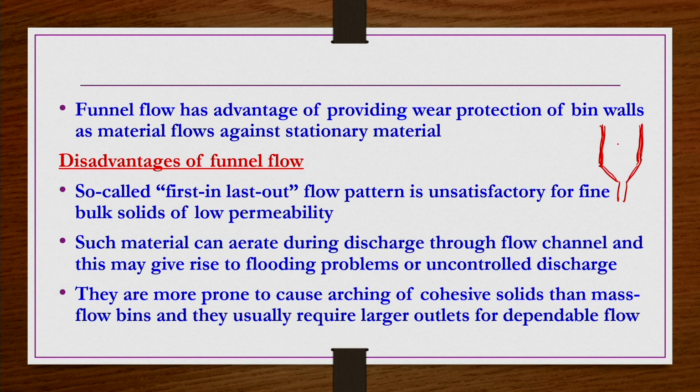In addition, if you take a cohesive material, it may form bridging or arching, where the solids below the arch pass out, whereas the material above is held by these bridges of cohesive material, and those bridges do not allow the solids to pass through. So, that is another problem of funnel flow, especially with cohesive material in funnel flow bins.